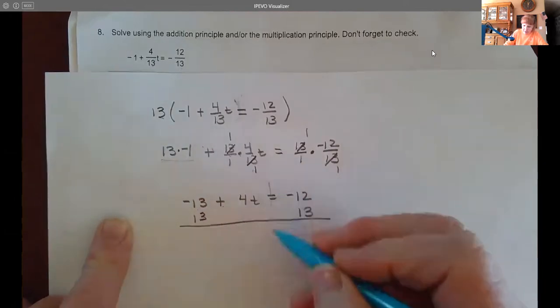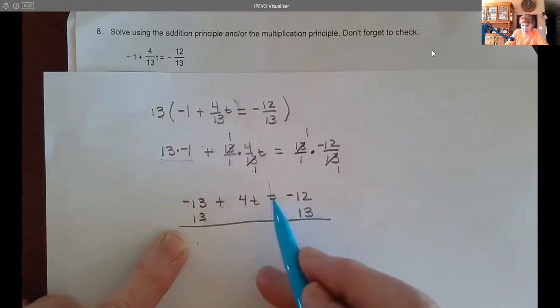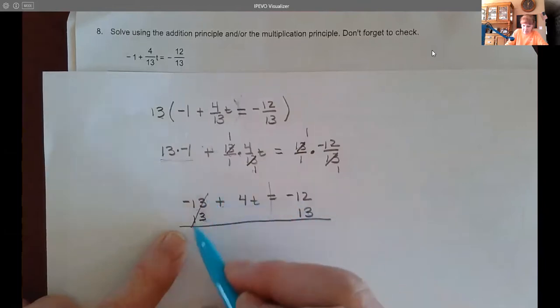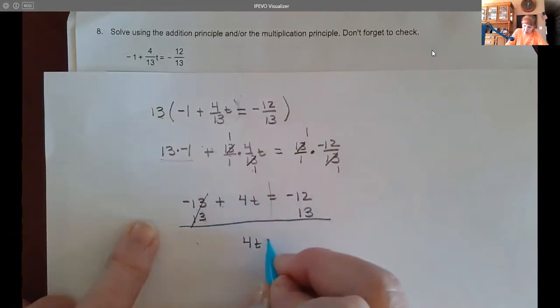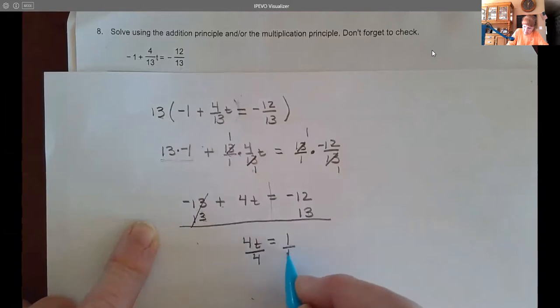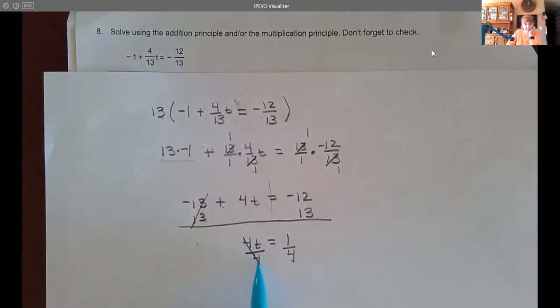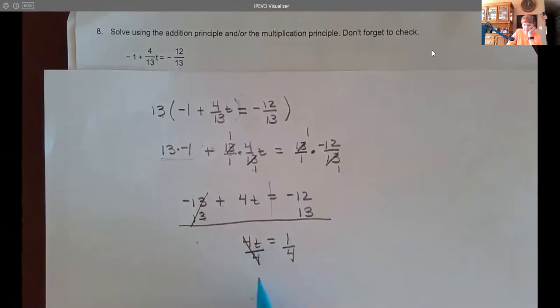You did it to one side here, you have to do it to the other side of the equal sign. 4t equals 1. Divide by 4. To get rid of the 4, notice I don't change the sign here. It matches. So you get a +1t equals 1/4.